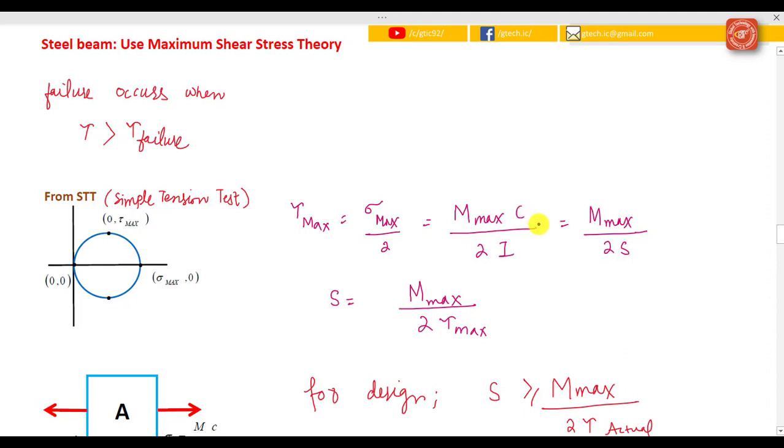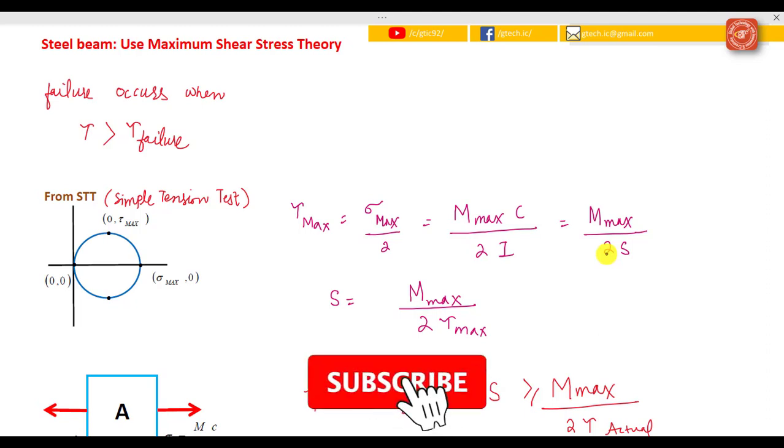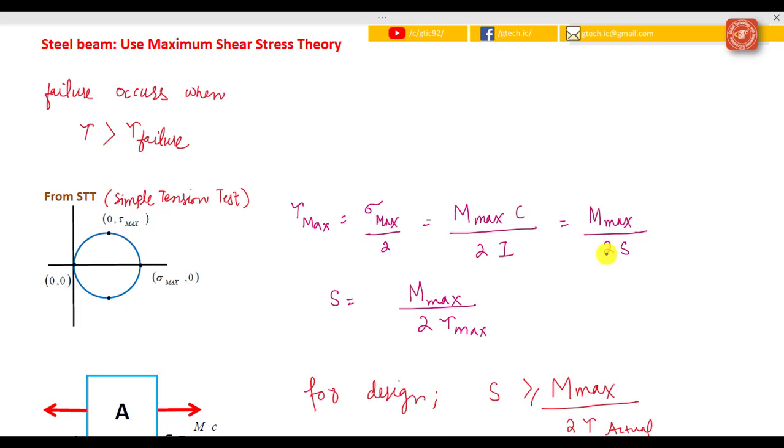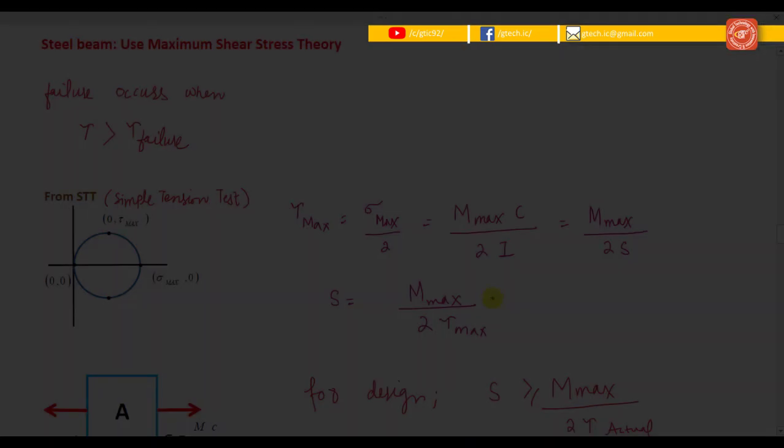Placing this c into the denominator, I over c becomes S. For design, we want the section modulus, or the particular cross section we pick, to be greater than or equal to the largest moment we experience divided by 2 times the allowable shear stress that we can accept, as shown here.